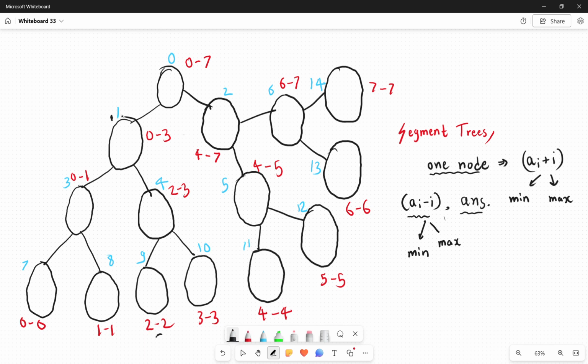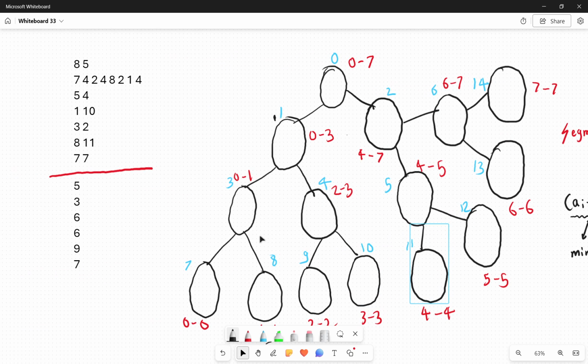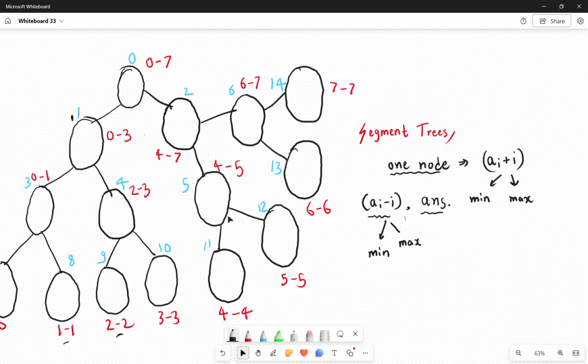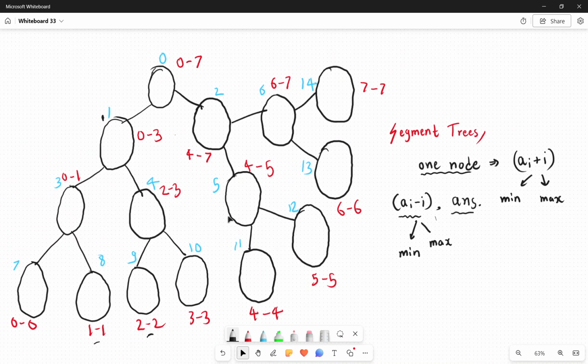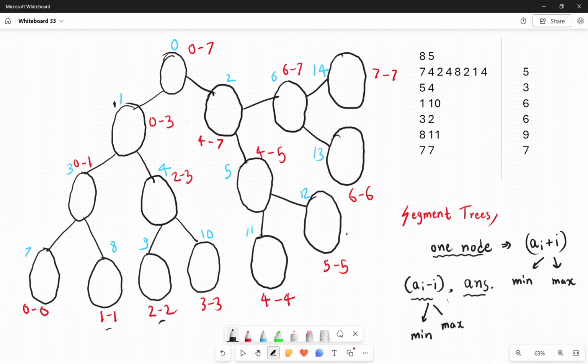So the numbers indicated in blue are the segment tree indices, and the numbers indicated in red are just the array indices. We also need these values, right? Can I fit everything? Wait, I'll fit it. Okay, and yes, I've got everything in one frame.